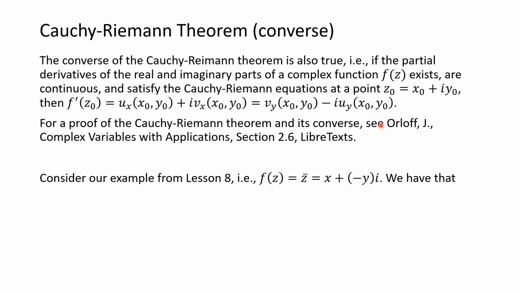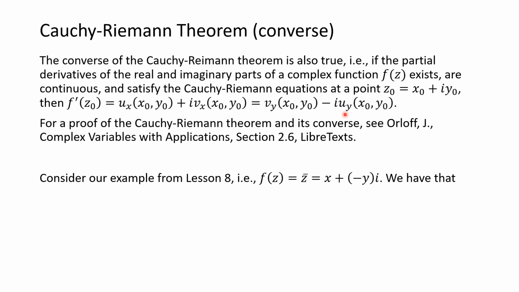So if you do that in general for a function f of z, and you take the derivative along the x-axis and then the y-axis, and you compare the results, you're going to end up with these partial derivatives, and you're forced to conclude that the partial of u with respect to x equals the partial of v with respect to y, and the partial of v with respect to x equals minus the partial of u with respect to y.